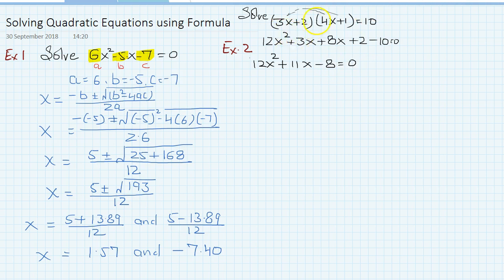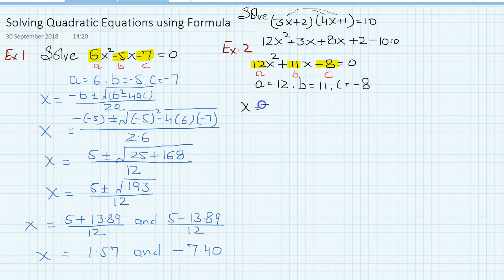We have converted this equation into a standard quadratic equation. So here a is equal to the coefficient of x square, that is 12, b is positive 11, and c is negative 8. Let's write the formula.